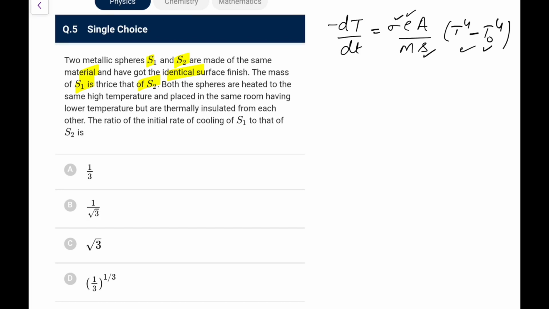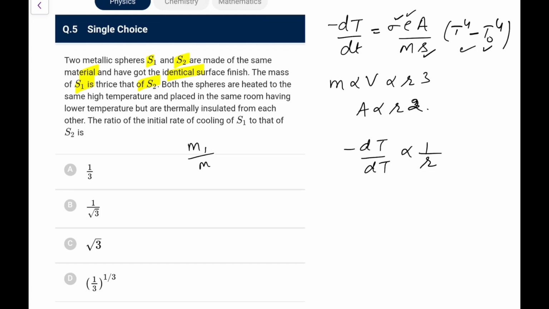Because they are of the same material, mass is proportional to volume, or you can say proportional to r cube, and area is proportional to r square. So minus dT by dt you can directly say would be proportional to 1 by r. And because the mass of S1 is thrice, we know the mass ratio m1 by m2 would be r1 by r2 to the power 3.